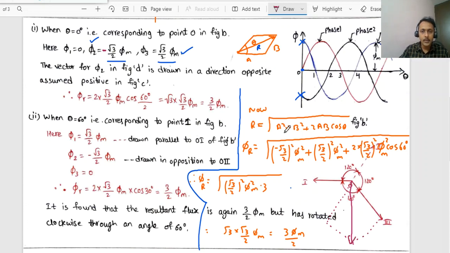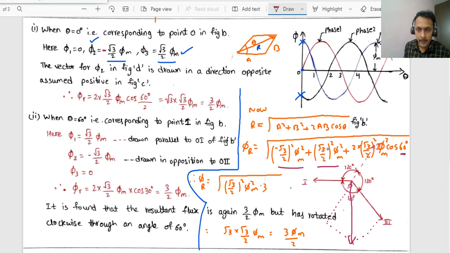Now using this parallelogram, the resultant value is the square root of phi 2 square plus phi 3 square plus 2 phi 2 phi 3 cos of the angle between those two, 60 degrees. So minus root 3 by 2 whole square phi m square plus root 3 by 2 whole square phi m square, plus 2 into minus root 3 by 2 into root 3 by 2, into cosine of the angle between those two.